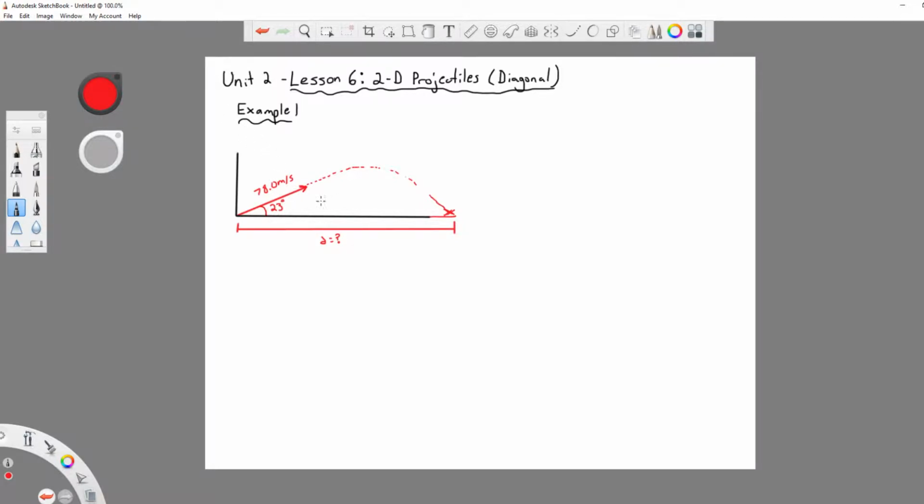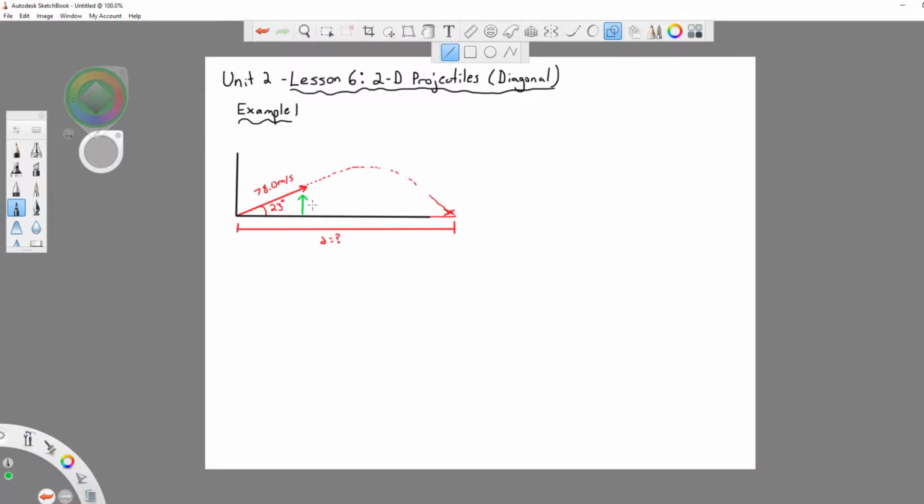And we have this, which we're going to be able to break up into x and y velocities. So this velocity is actually essentially giving us two velocities once we break it down to our vector. And that's what I want to start with. So this 23 degree 78 meter per second, we should actually split up into both x and y components. So realistically, we have vi in the y direction.